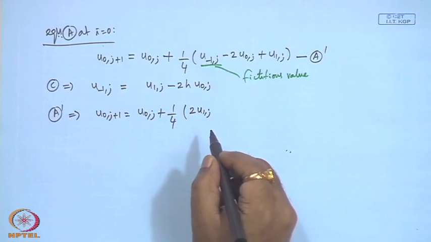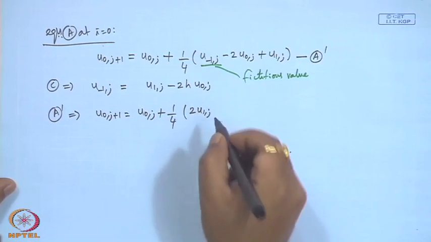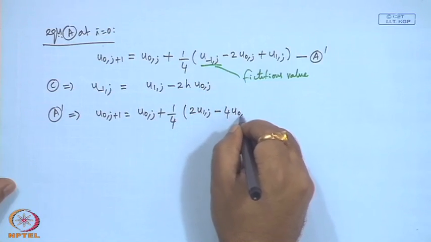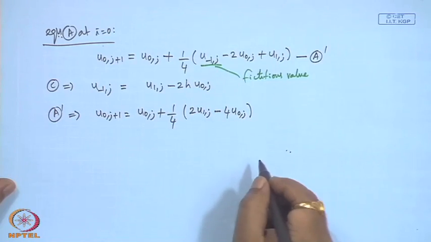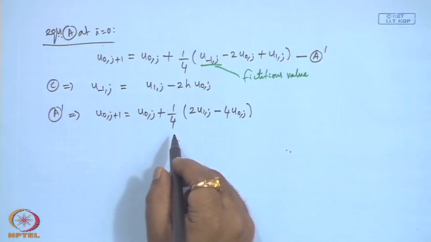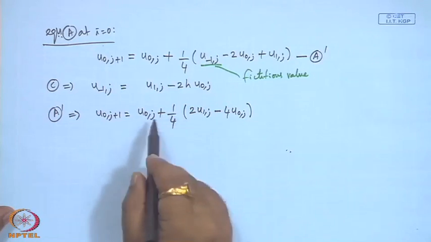and our equation h is 1. So, this is minus 2. So, this will be minus, okay. So, this is the equation which we have to run at each grid point. Okay.